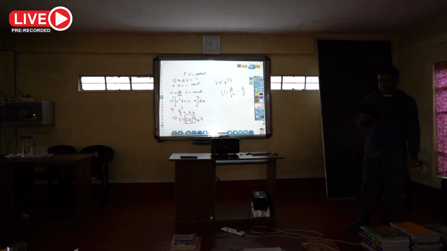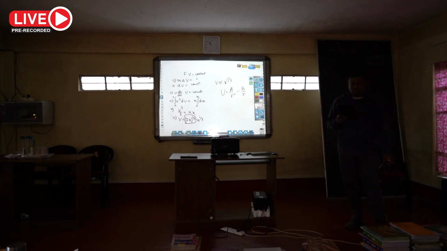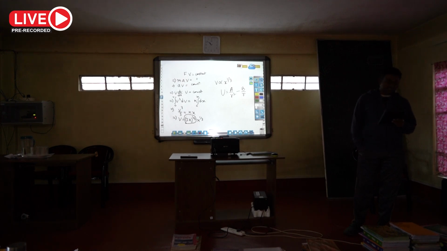For stable equilibrium, the distance of the particle is: option A, B by 2A; option B, 2A by B; option C, A by B; option D, B by A. Question: the potential energy of a particle in a force field is U equal to A by r square minus B by r, where A and B are positive constants and r is the distance of the particle from the center of the field.